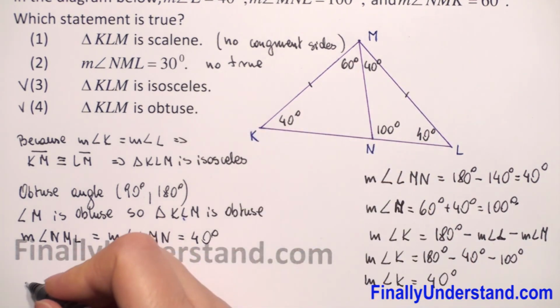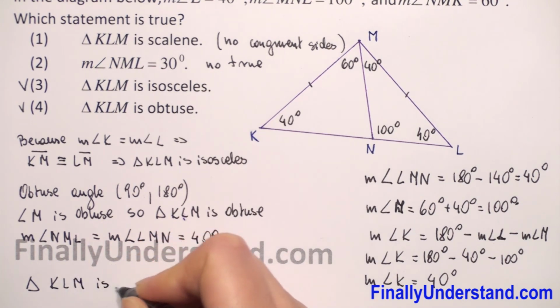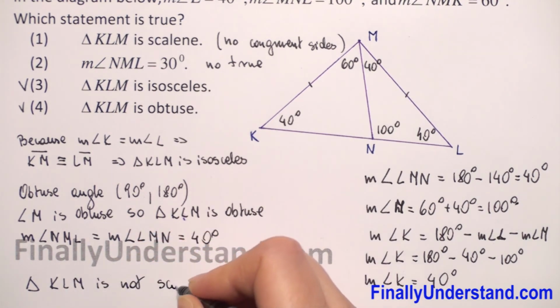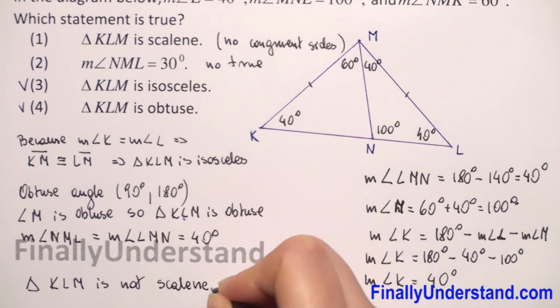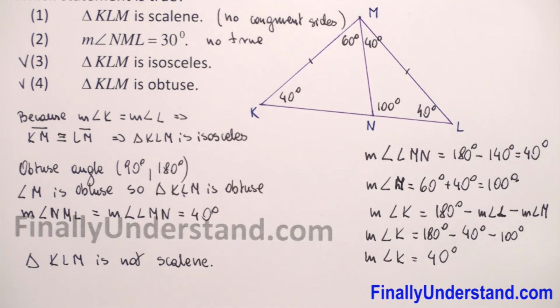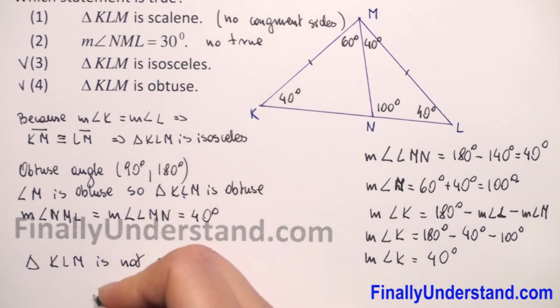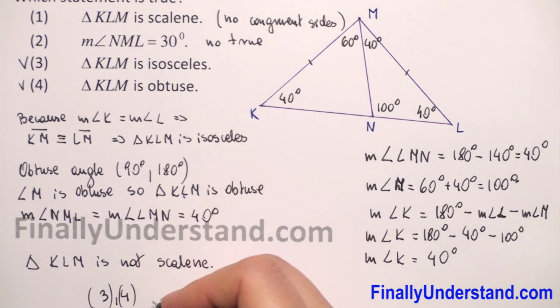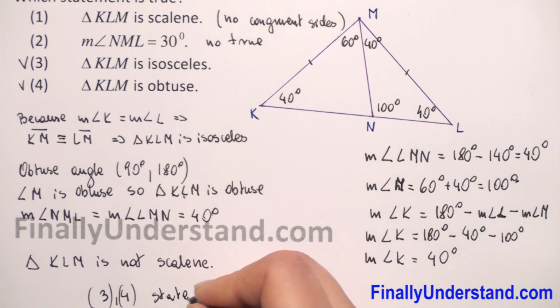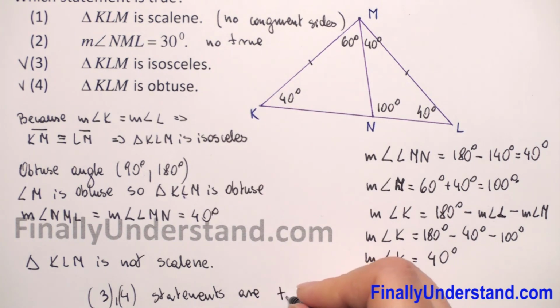I can write that triangle KLM is not scalene. So the first and the second statements are not true. Only the third and fourth statements are true. This is my solution.